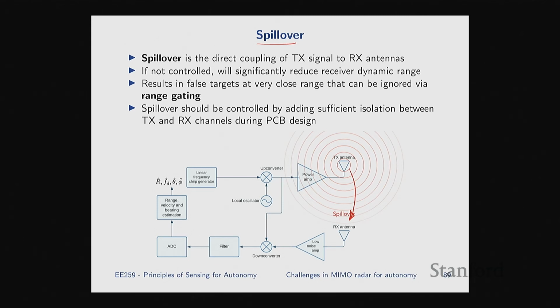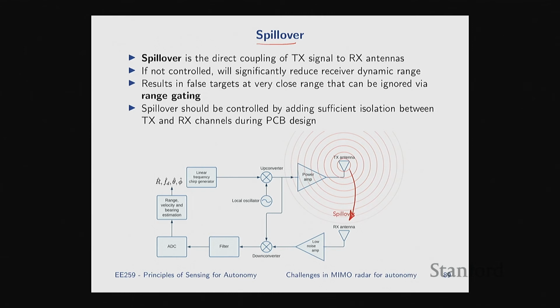One is that because it's right next to the transmitter, you get a very strong coupling, and you eat into the dynamic range of your receiver. But also, if you process it, it might even show up as a target at a very close range.